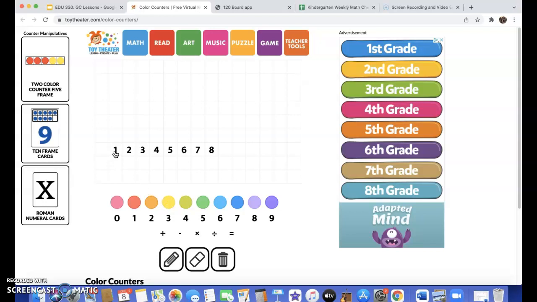So now let's go ahead and place one counter for each number. All right, so we have the same amount of counters and numbers, so this one is correct.